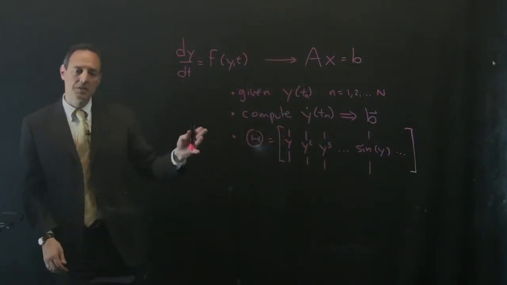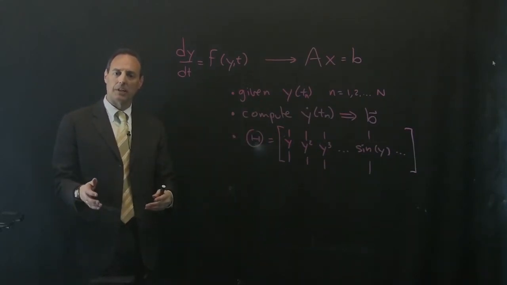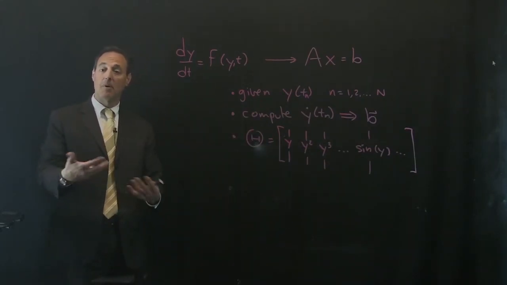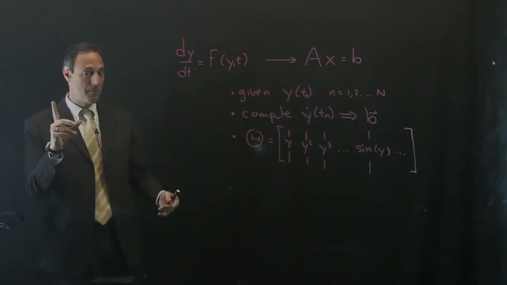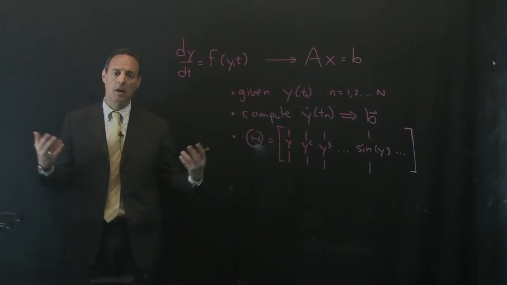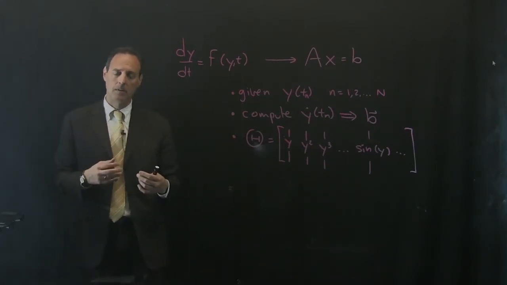something like this. So this is a matrix, and each column of that matrix is a unique term that could be part of my right-hand side. I could have y squared, y cubed, limited by your imagination. So you can put in a lot of different things there. I could put 1,000 library elements in there if I wanted to. Okay?